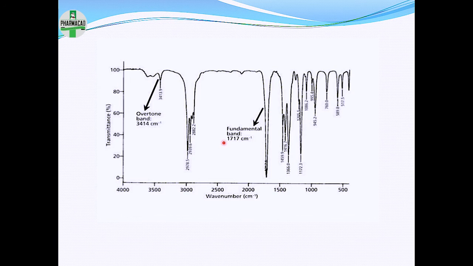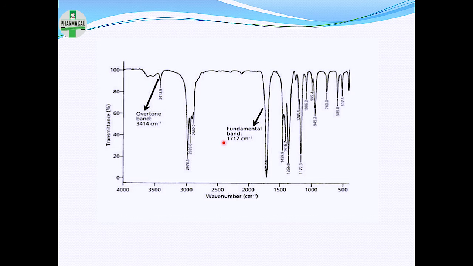And in case of overtone bands, the transition occurs from the ground state to a number of excitation states, that is, when the number of excitations is more than one. The molecule can be excited from the ground state 0 to an excitation state 1 or 2 or 3.